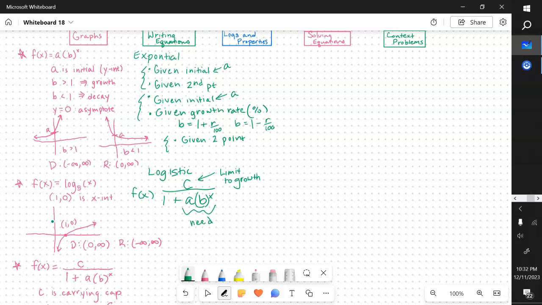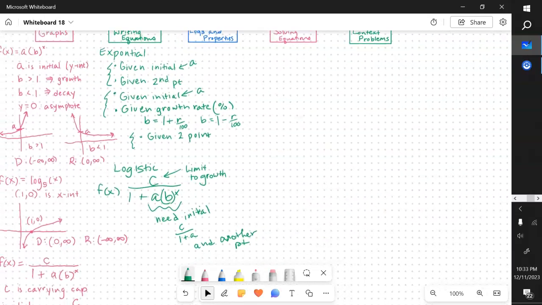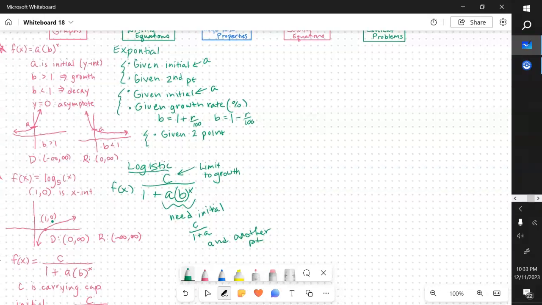You need the initial position, which is not necessarily A. It's definitely not A. The initial is going to be C over 1 plus A. And then you also need another point so that you can figure out what B is. If you are having trouble understanding what any of that means, please go back and watch that video.